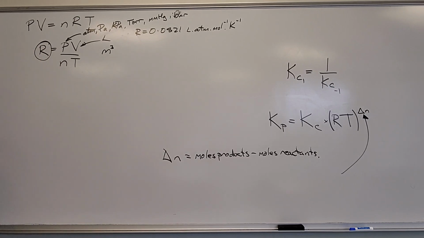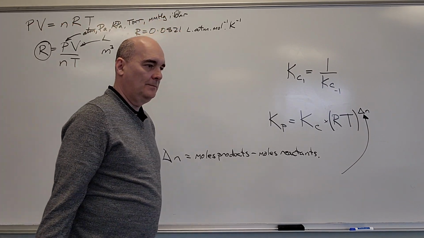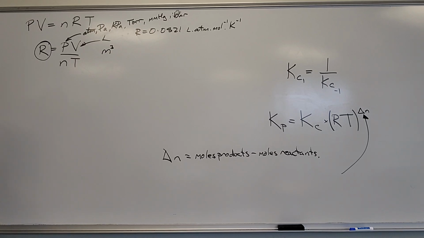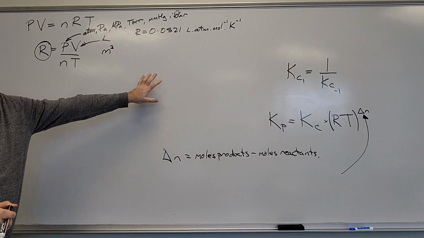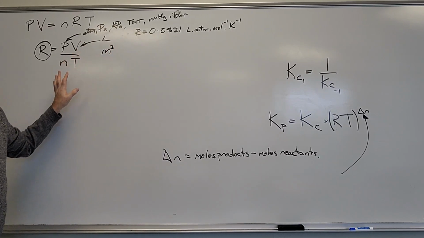Because gases respond to temperature more than solids or liquids, or solutions, do. They have a bigger effect on volume than solutions do. So we have to keep track of which side of my equilibrium contains the most number of gases.